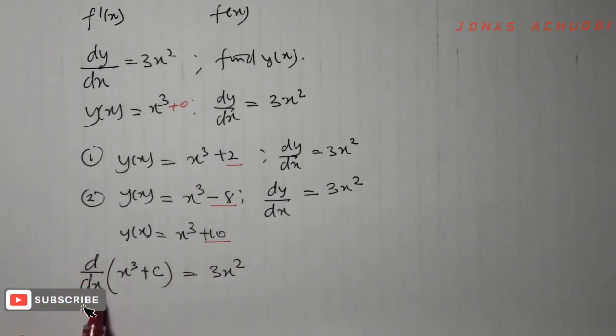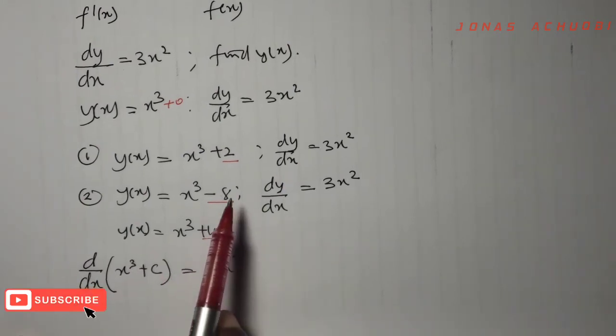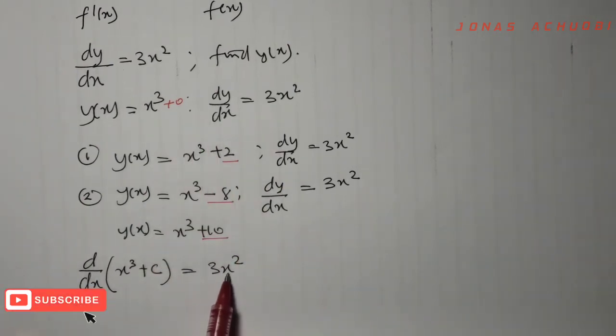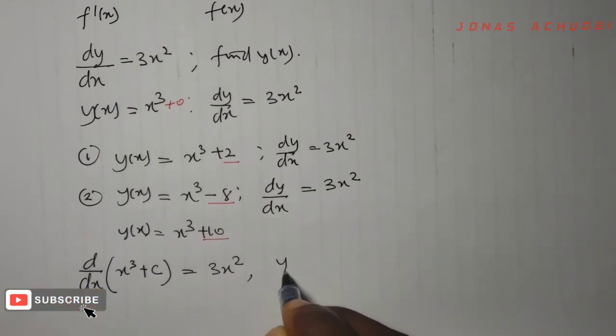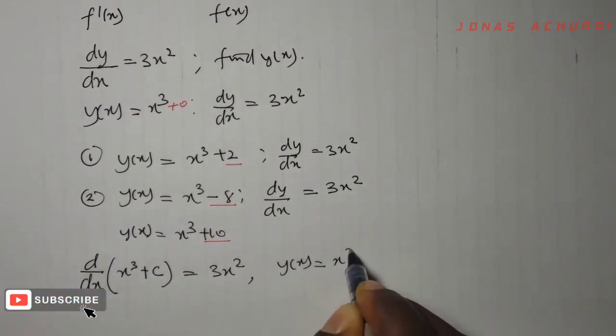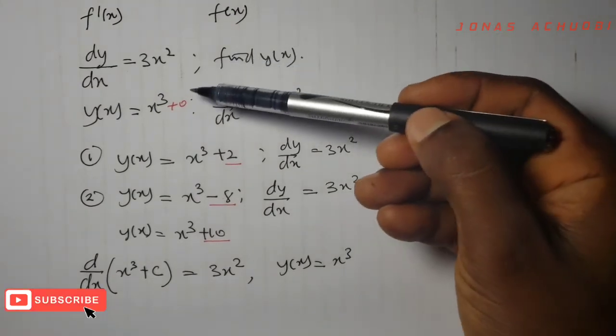So, the derivative of the function x cubed plus c, where this c stands for any of these constants, is equal to what? 3x squared. In other words, if we are asked to find the antiderivative of this function, 3x squared, it would not be proper to say that the antiderivative of 3x squared is y of x equal to x cubed, like we had earlier said here.